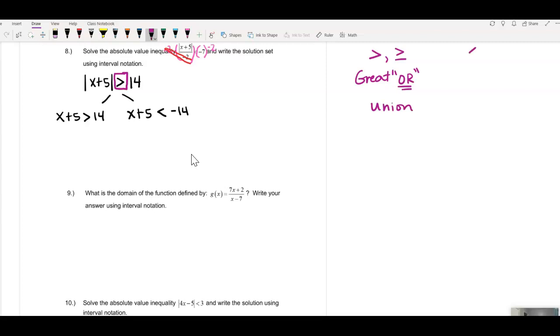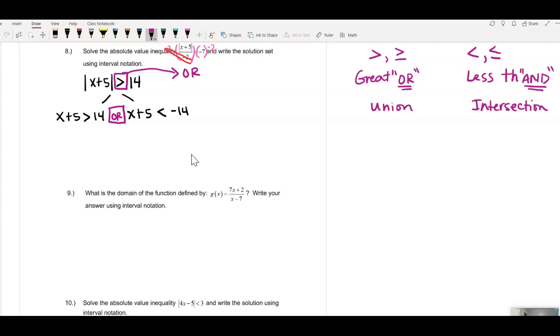But if it starts off with a less than or equal to, then I want you to think of it as less than, just a play on words to help you remember. And when we had an and statement, that meant we want the intersection, or where it overlaps. So in this one, since it starts out as a greater, this is an or statement. So I'm going to write the word or in between here to help me remember in the end what it is I'm trying to find.